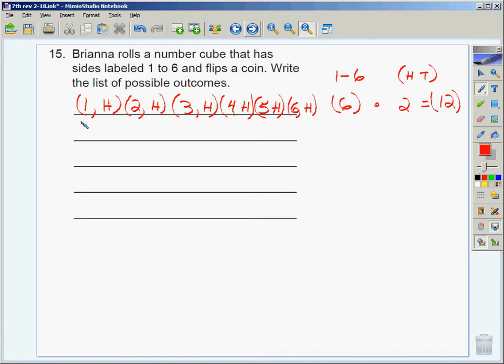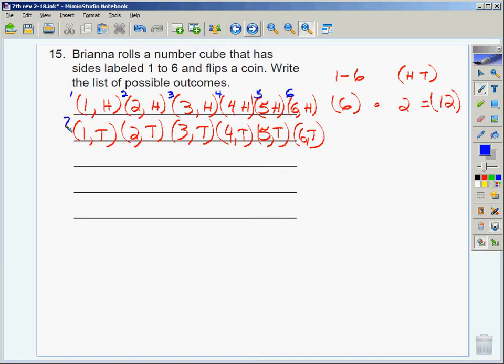Or I could roll a 1 with a tails, 2 tails, 3 tails, 4 tails, 5 tails, and 6 tails. And you'll notice that when I get all done, there was 1, 2, 3, 4, 5, 6, 7, 8, 9, 10, 11, 12 possible outcomes.